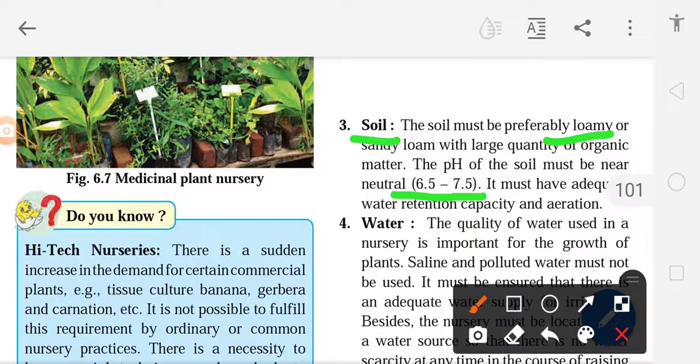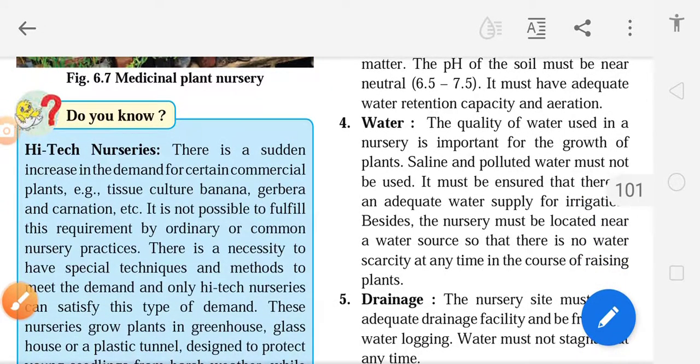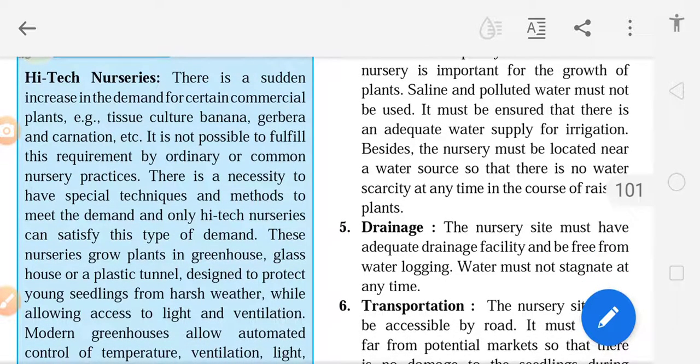Another requirement, that is water. Not only ample quantity, but along with quantity, the quality of water is also important. The nursery is to be provided water. There should not be very saline water, there should not be polluted water, there should be an adequate supply of water, sufficient water should be provided.